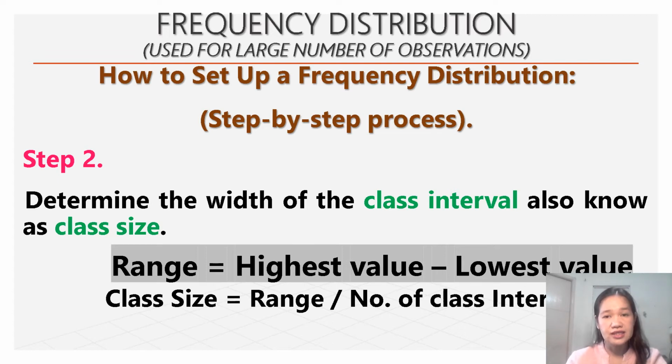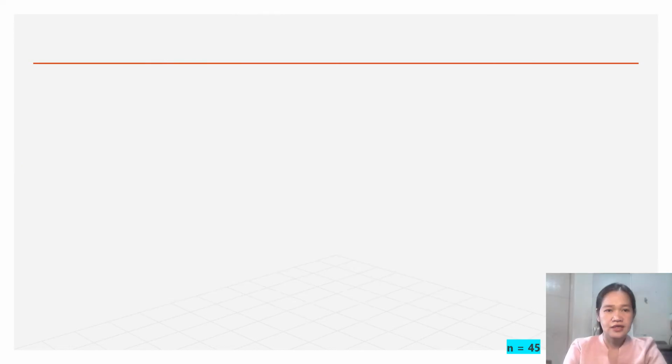The width is normally rounded up, and if it is not an integer, it should be rounded up to the next whole number. Okay, so that is for step 2. Determine the width of the class interval, also known as the class size.